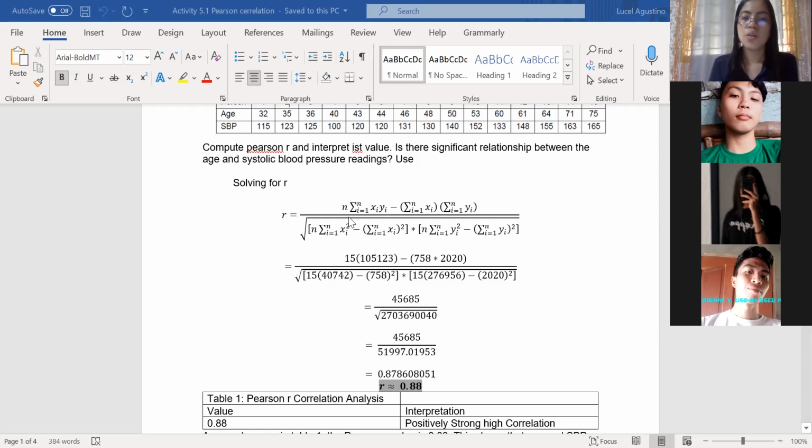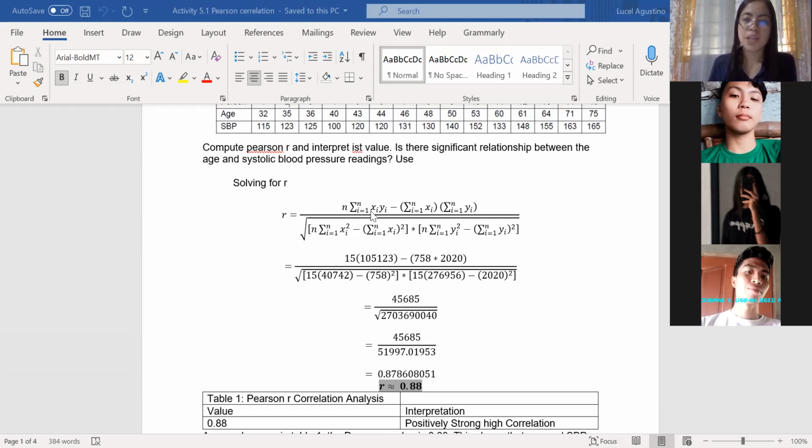Okay, so this is the formula and your sample size. Summation of multiplied summation of xy. In other words, i-multiplied nyo ni ang 32 times 115 plus 35 times 123 plus 36 multiplied to 125 plus until 75 multiplied to 165.